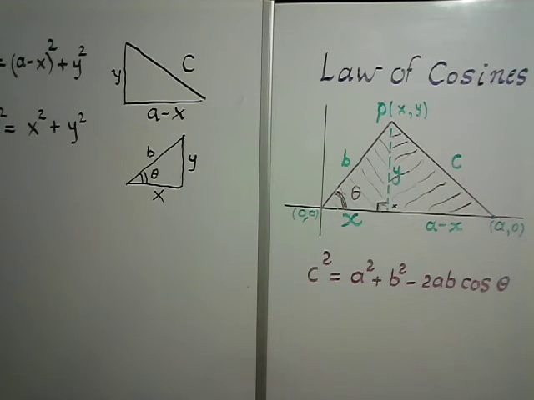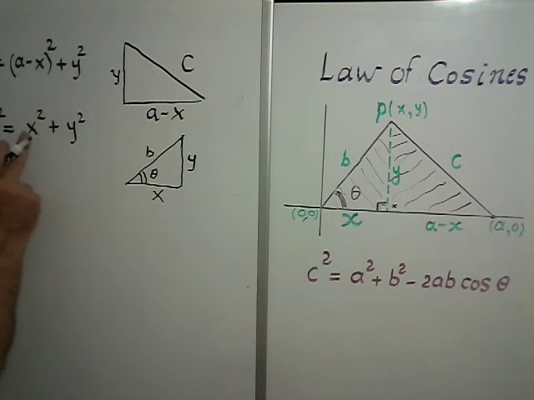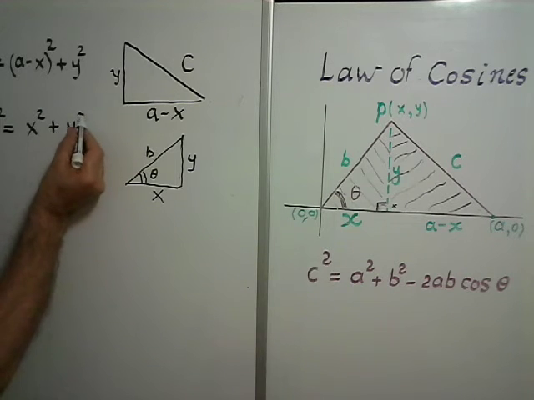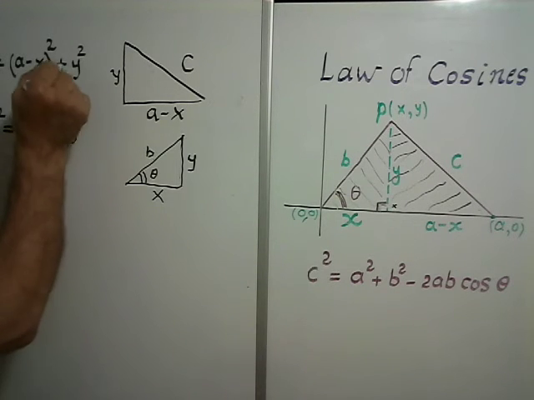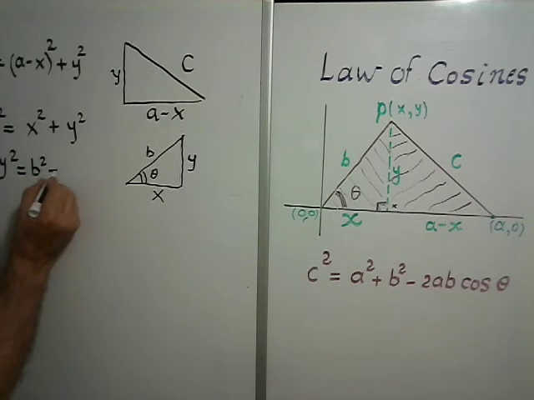So what we will do, we will just keep y squared in one side and move this to other side, because we will make substitute about y squared from here to here. Okay, so this can be written as y squared is equal b squared minus x squared.